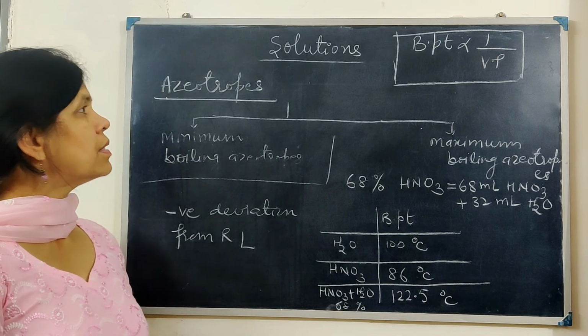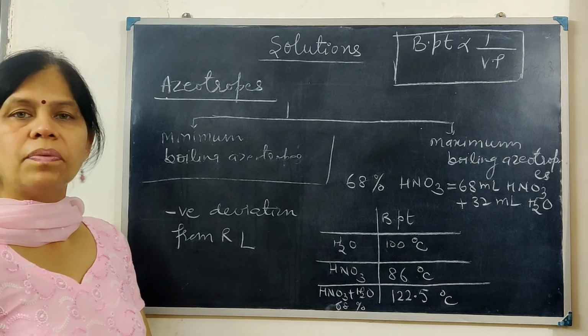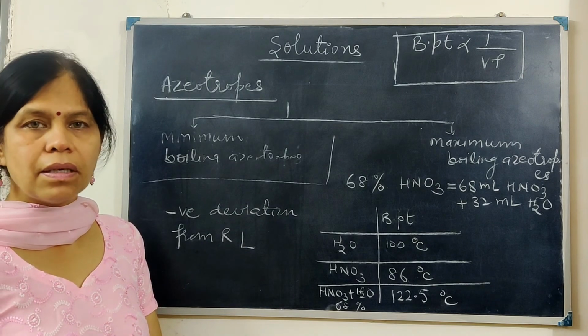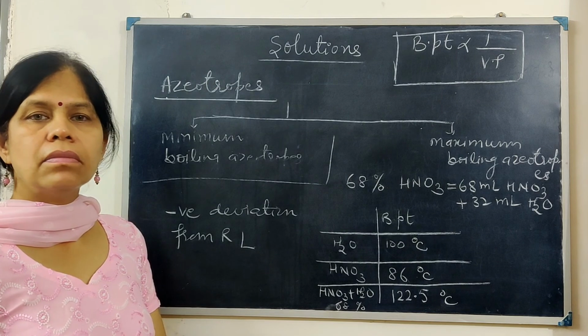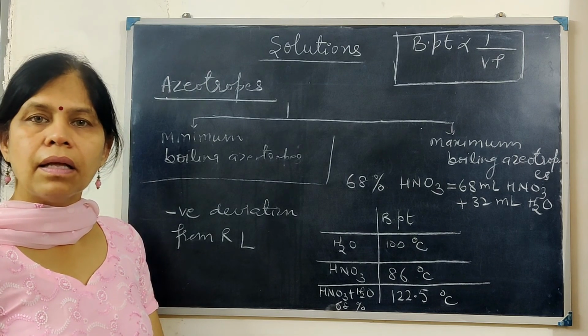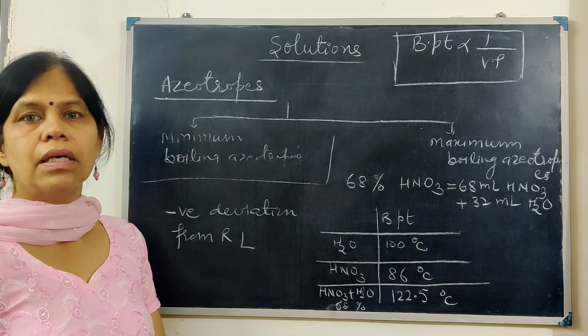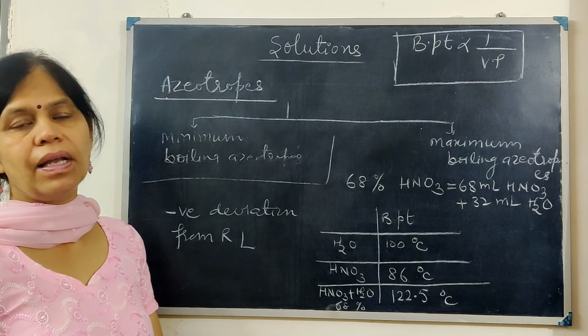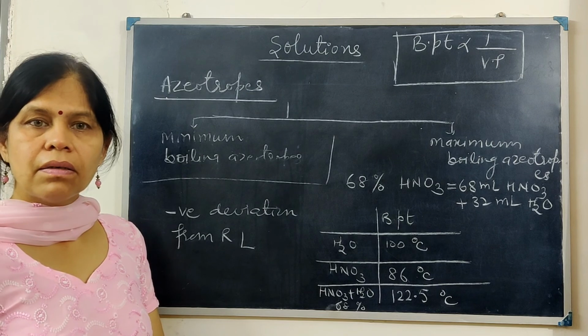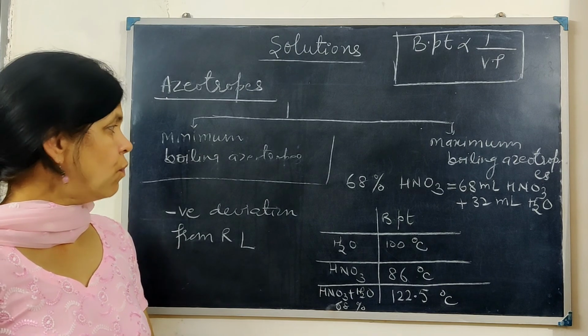Then we have also discussed azeotropes. Azeotropes are constant boiling mixtures at a definite composition. Their boiling point is constant. Their composition remains the same in the liquid as well as the vapor phase. They are binary mixtures, of course.